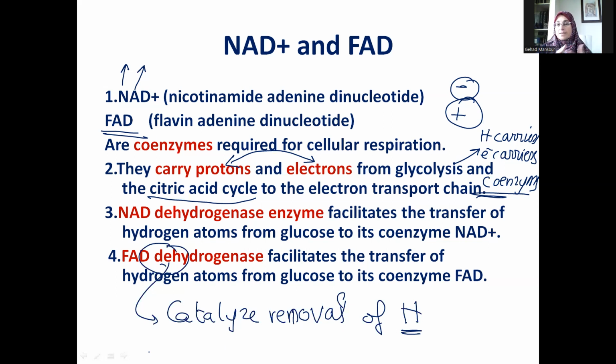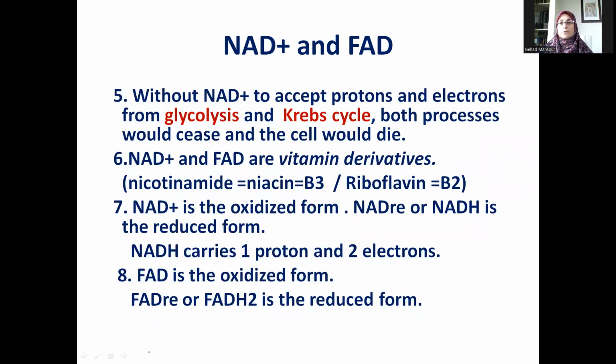In the FAD dehydrogenase enzyme, the hydrogen atoms will again be removed from the carbon skeleton of glucose and transferred to FAD. So the carbon skeleton of glucose will be oxidized, whereas FAD will be reduced. NAD and FAD are vitamin derivatives.